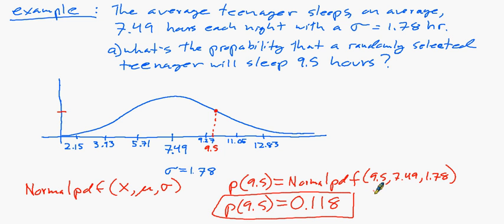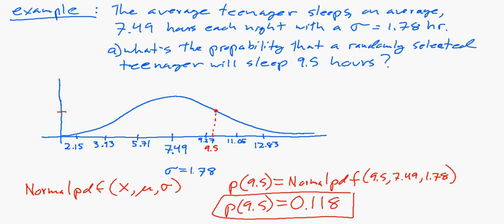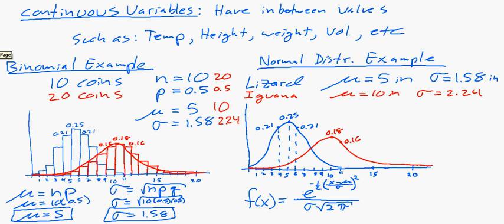Now the other way of doing that would be to go back, not forward, but back, and plug in 9.5 for x, 7.49 for mu, 1.78 up there, 1.78 there.